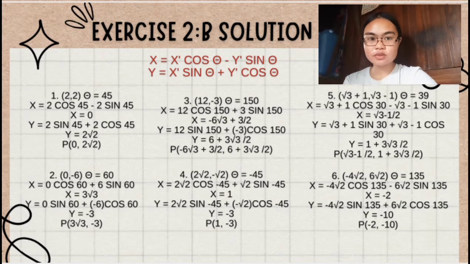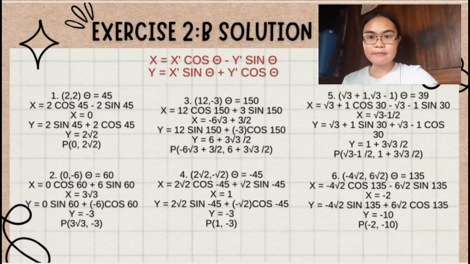So x is equal to 1. And y is equal to 2 square root of 2 sine negative 45 plus negative square root of 2 cos negative 45. So y is equal to negative 3. So the answer for P is 1 and negative 3.